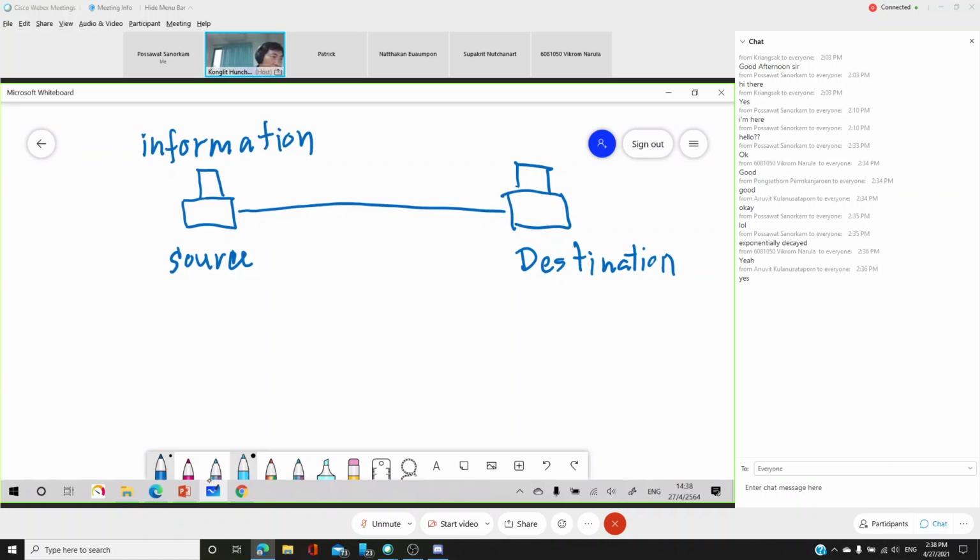We're going to use the terms source and destination. Sometimes, if we talk about equipment, the source is the transmitter. The destination would be the receiver.